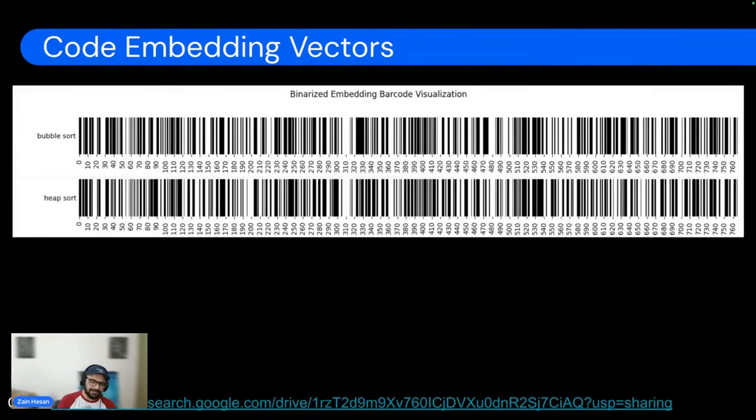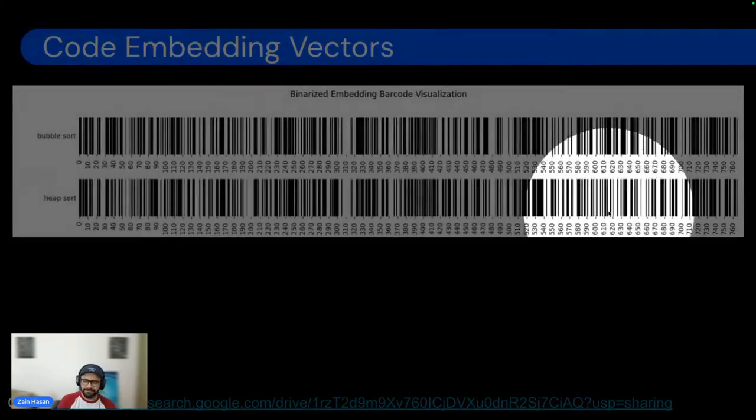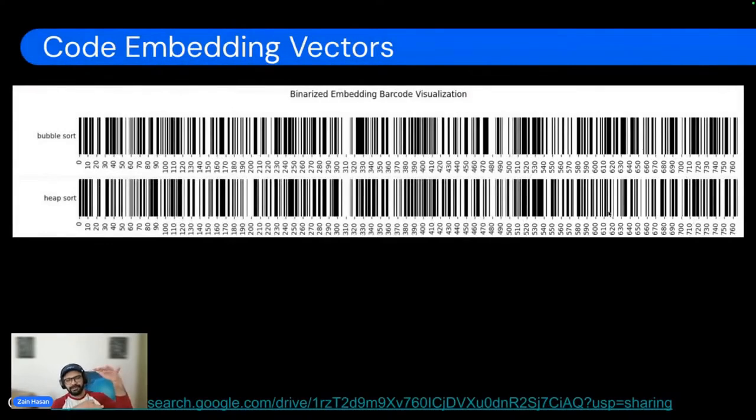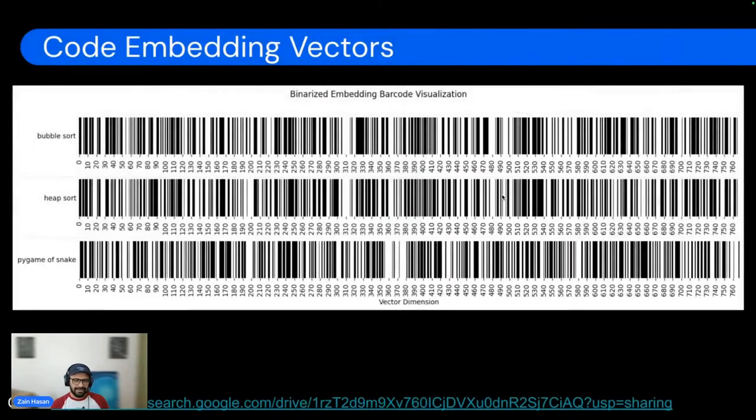And then I asked another language model to implement a heap sort implementation. And this is what the vector of that code looks like. I took that entire code snippet, passed it into an embedding model, and it generated this vector for me. And then I gave it a third code snippet, which was a Pygame implementation of the game Snake.